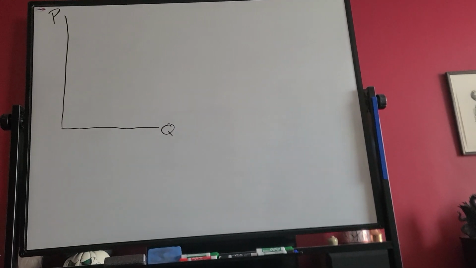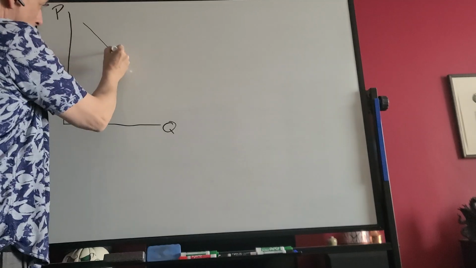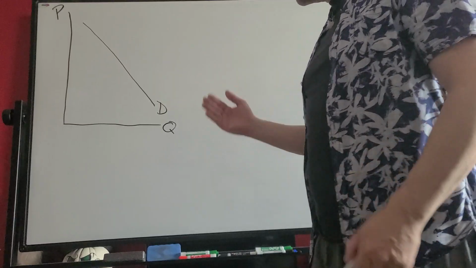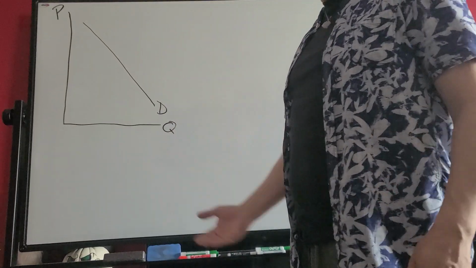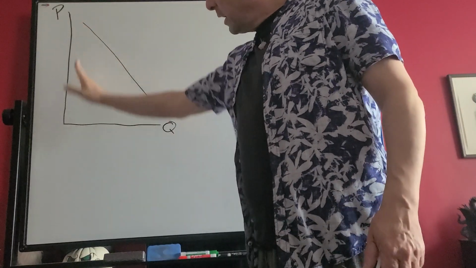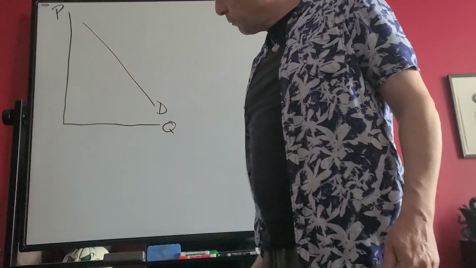Okay, so now that we've talked about the shape of the demand curve, a demand curve which is downward sloping like this. We took the demand curve from the demand schedule, and what we said about the law of demand was that as the price increases, the quantity demanded will go down.